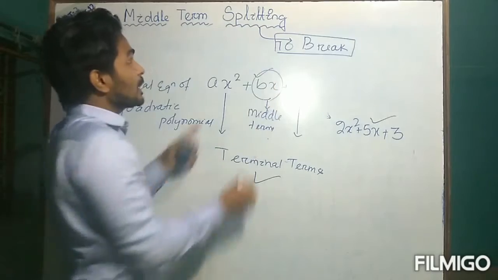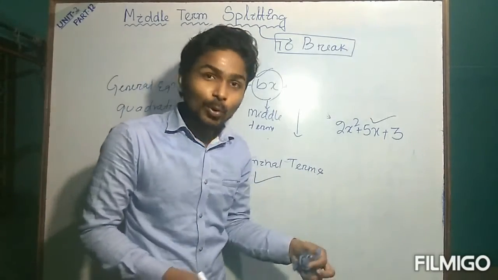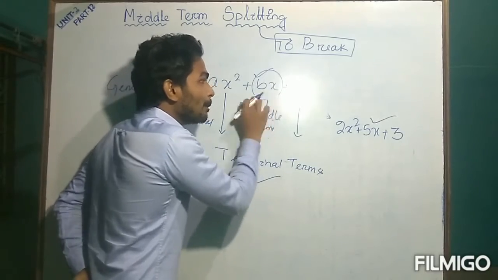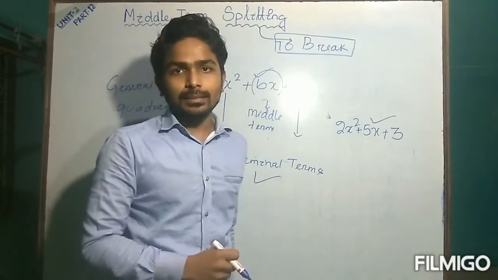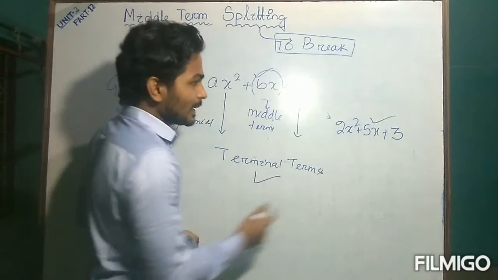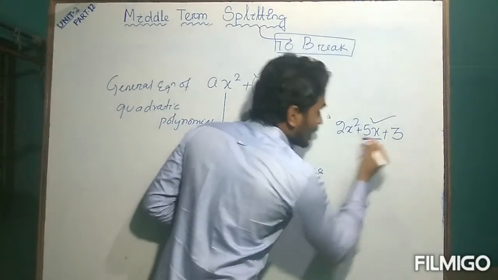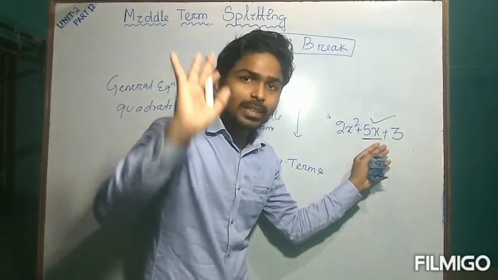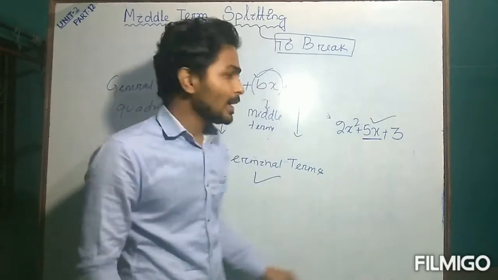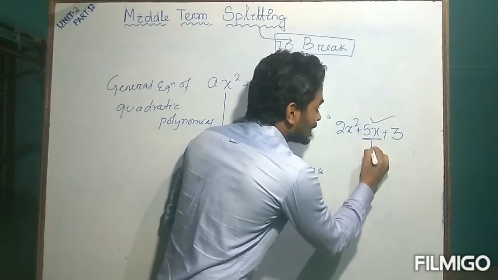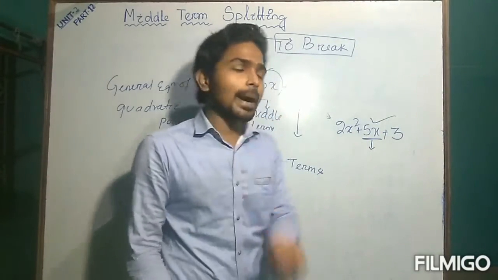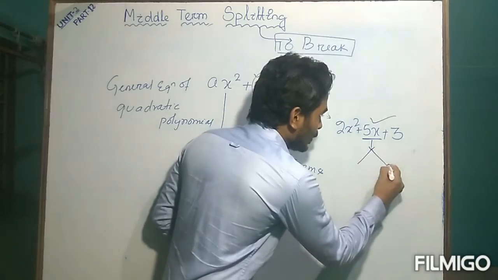The meaning of split is to break, so we will break this middle term into two parts. Here the middle term is 5x, or you can say only the coefficient, that is 5. So we have to split it into two parts.